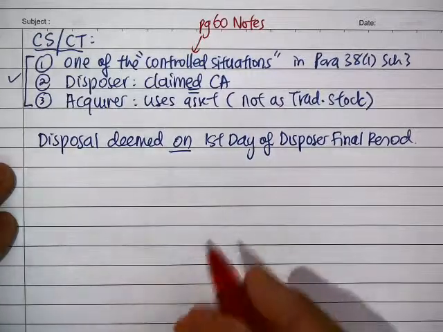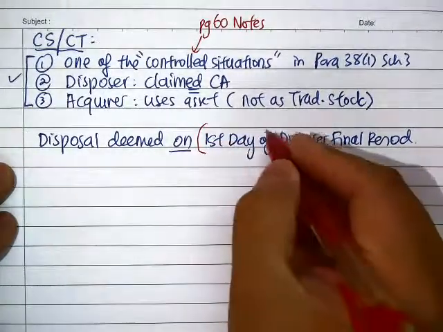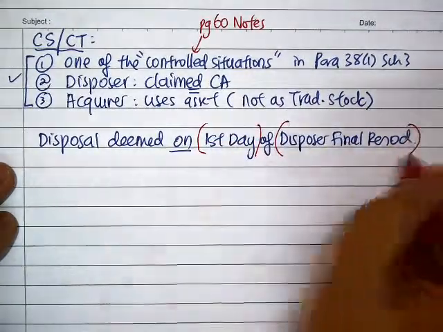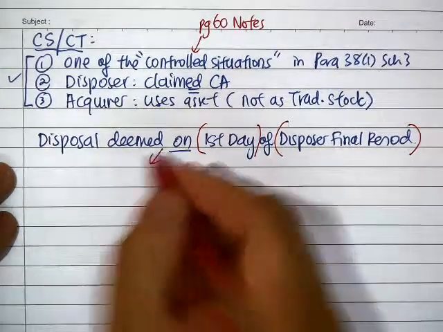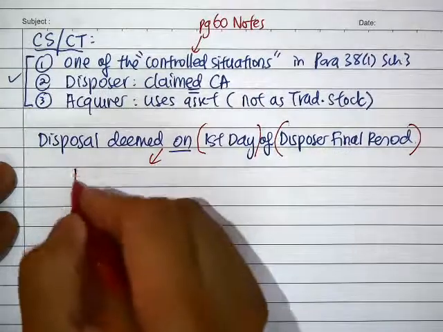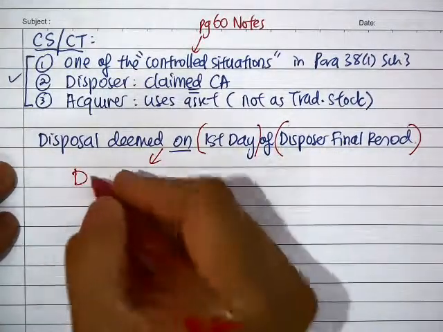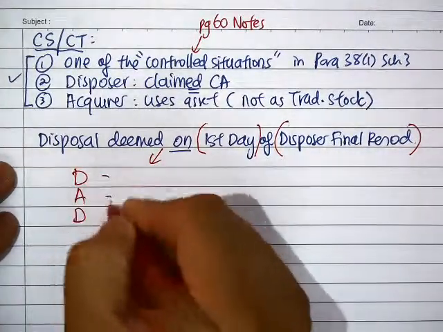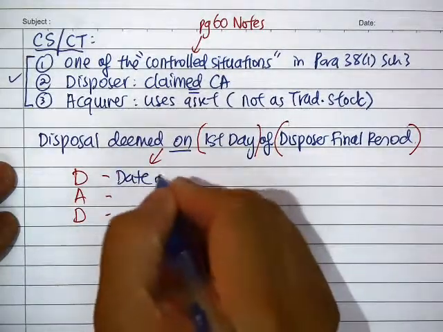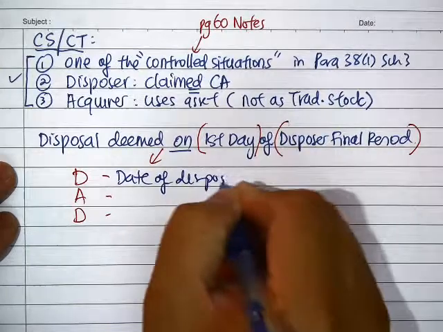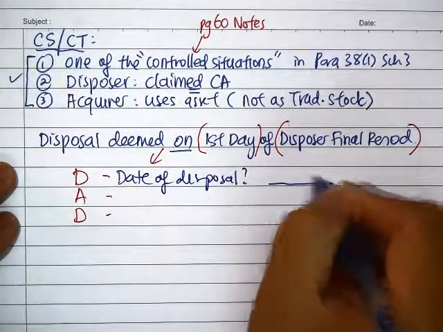Okay. Now, what is the first day of your final period? Okay, how do you find this? You follow the DAD rule. Now, what is the date of disposal? Okay, fill in the date.